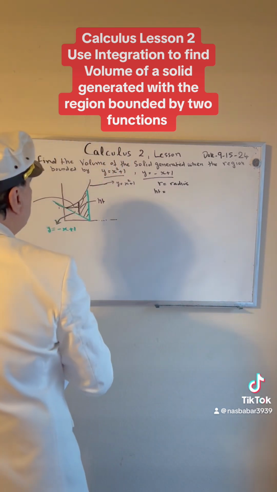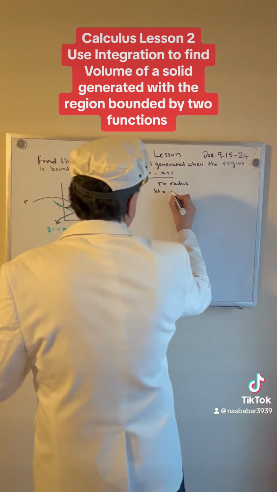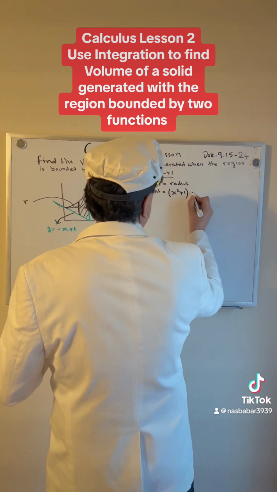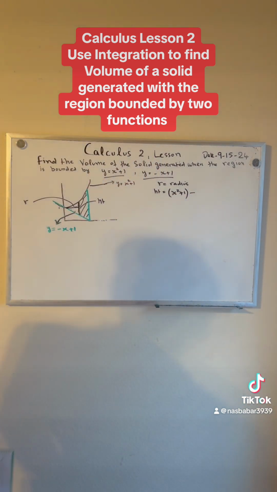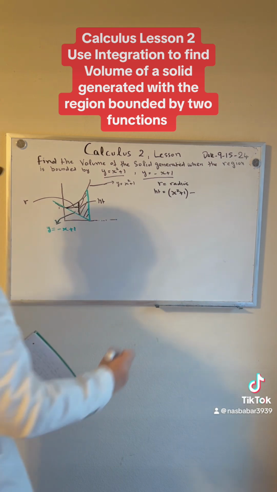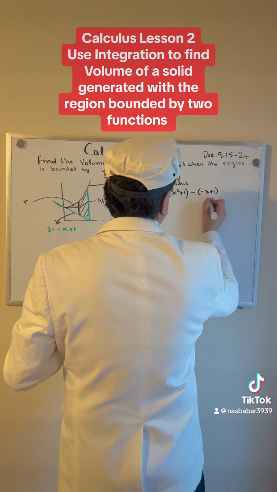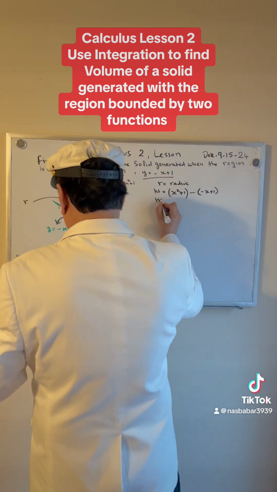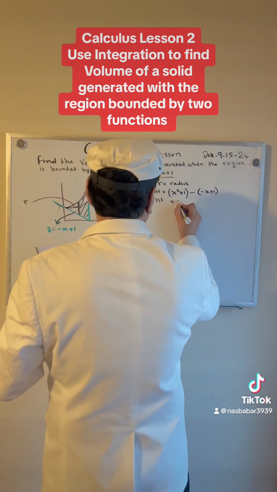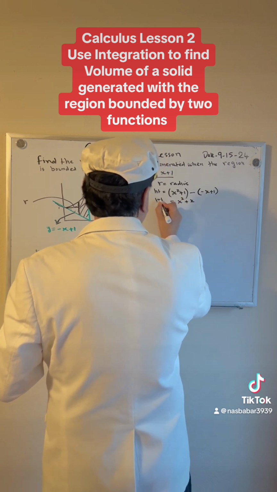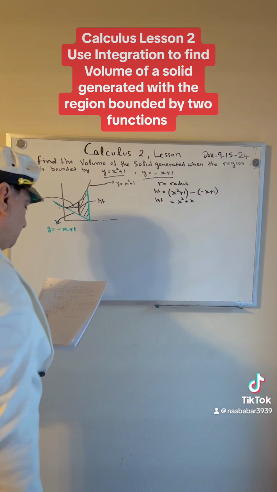So what is the function of the parabola? x squared plus 1, right? Minus, what's the function of the line? Minus x plus 1. So minus x plus 1. Then if you solve this, you get height is equal to x squared plus x. All right. So that's your height.